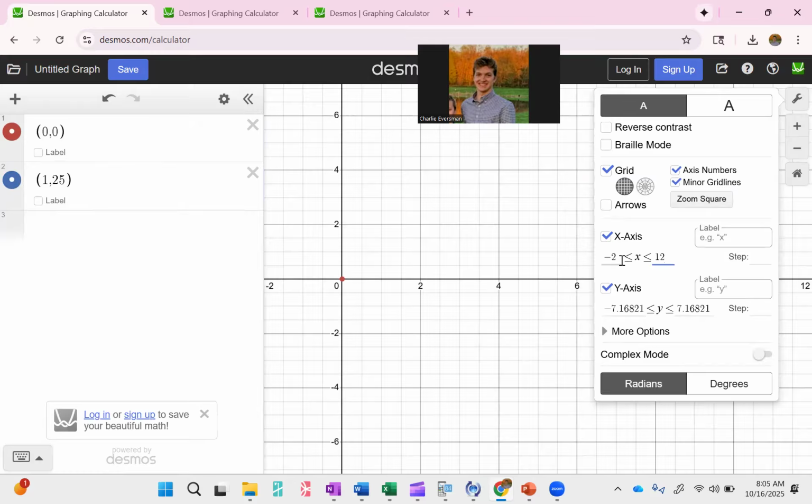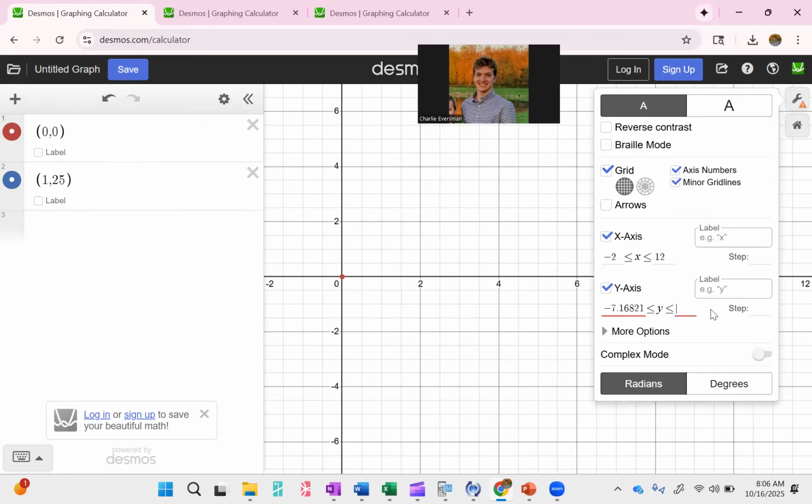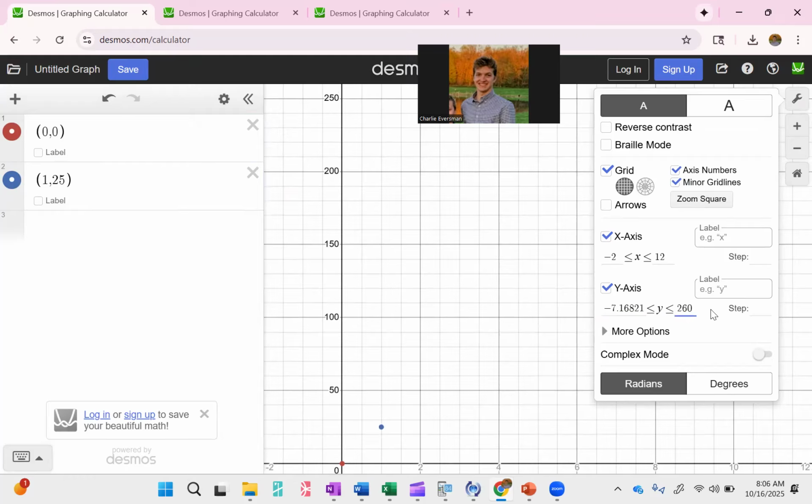I would suggest if you're going from 1 to 10, you do the same kind of thing here. My y-axis, I have a similar kind of methodology. My largest y value on my table was 250. So I might say, what's 10 over that? 260. Right, here I can see 250 labeled at the top of the graph. And then my minimum, I might make this -10, right?